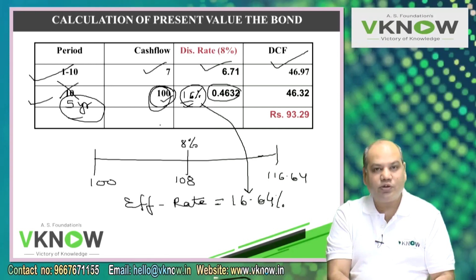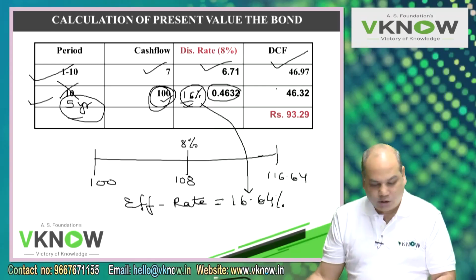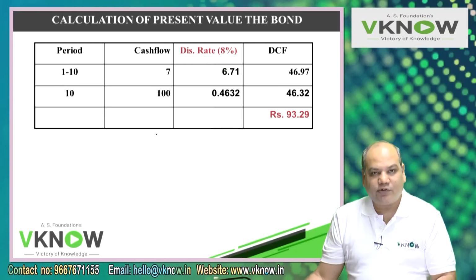Divided by 1.1664, 5 times equal to, and you will be happy to note that your calculator is showing 46.32 again. Got it? But that will make it little difficult as far as presentation is concerned. I will have to prepare 2 working notes.